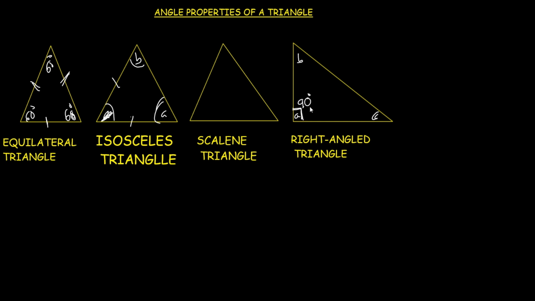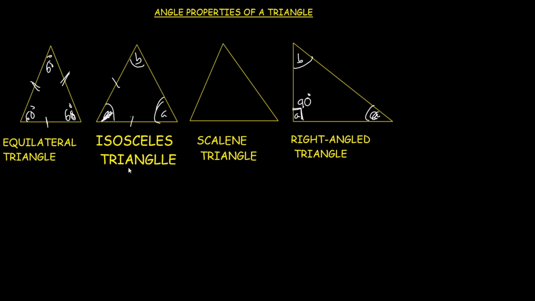So if this angle is equal to 90 degrees, it means that the sum of these two angles will also be equal to 90 degrees, but the sum of all the angles including the 90 degrees will be equal to 180 degrees.